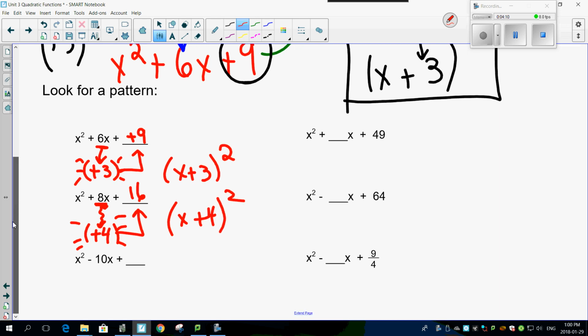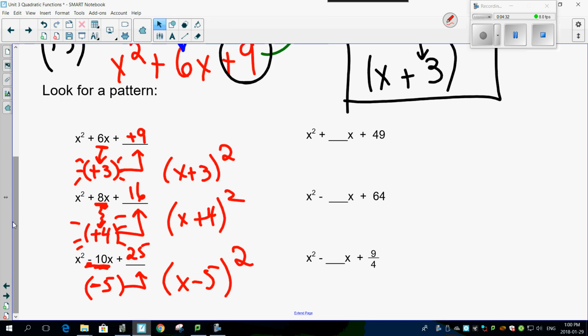Take a look again. Look at this one. Uh-oh, this is a minus now. Well, half of that is minus 5, and squared, minus 5 times minus 5 is positive 25. But because it has that minus there, making this minus, check out what the factorization looks like: x minus 5 squared. That's how easy it is. Isn't that just incredible? Look at this one.